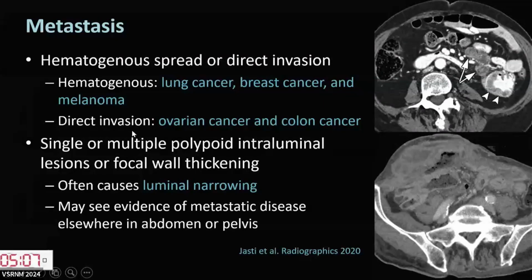If it's direct invasion, it's most commonly from ovarian cancer and colon cancers. It can appear as single or multiple polypoid intraluminal lesions or focal wall thickening. It often causes luminal narrowing, and we may see evidence of other metastatic disease elsewhere in the abdomen or pelvis.